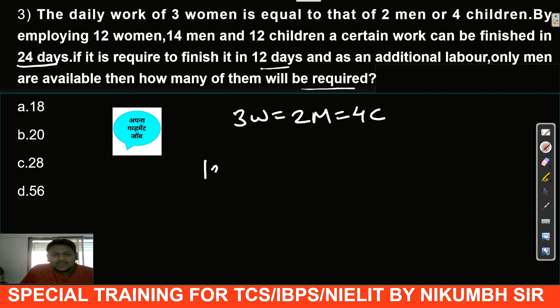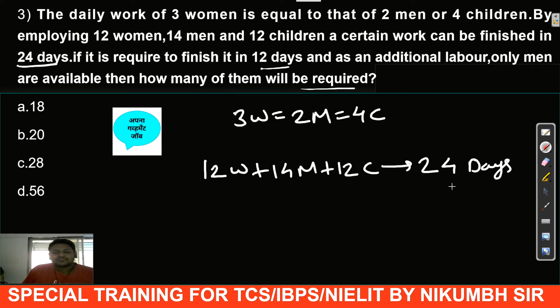Now see, 12 women plus 14 men plus 12 children are there, and they complete the total work in 24 days. Now it is very important to note that we only want men. So we have to convert women and children into men's work. How to convert? See, 12 women are there.